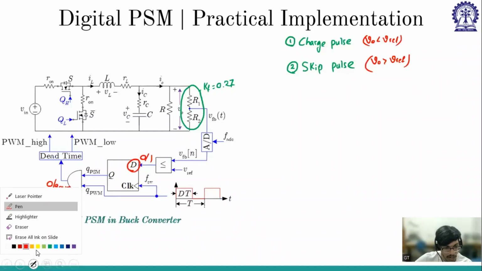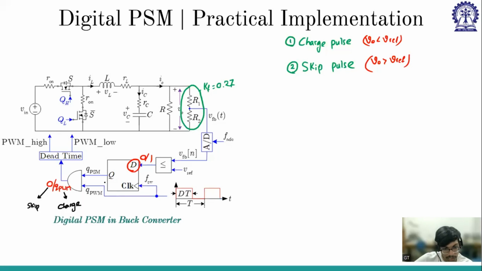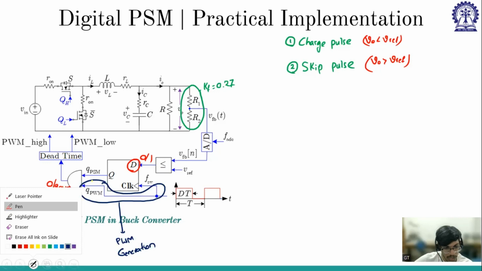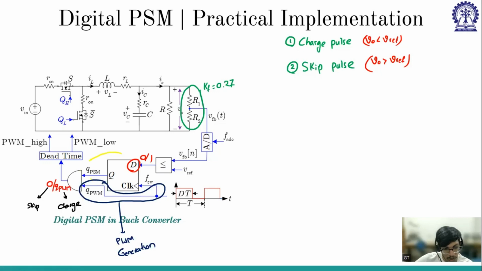If I use a different color, this is the PWM generation. And if I use yellow color, this entire D flip-flop is PSM logic. So the same will be implemented in the Verilog HDL.